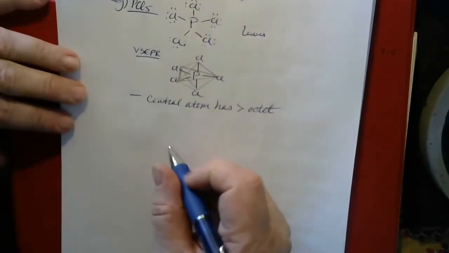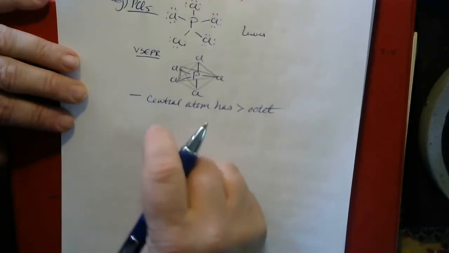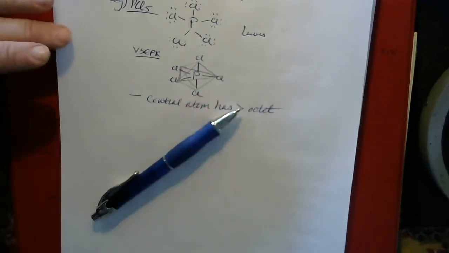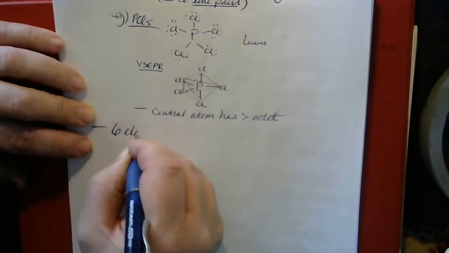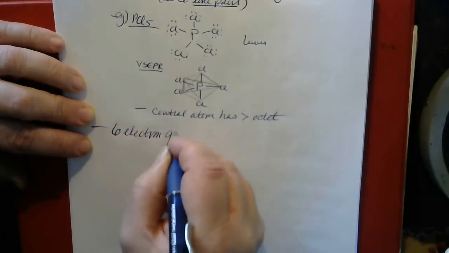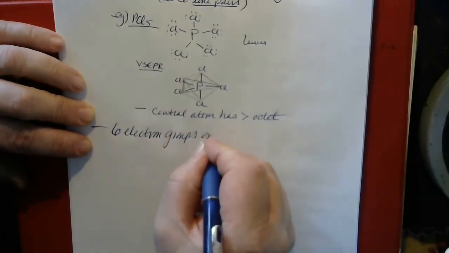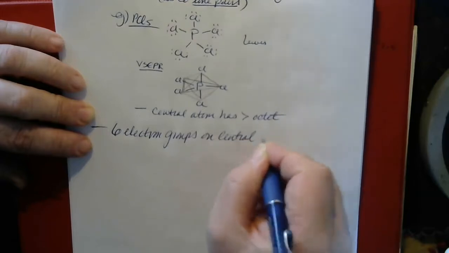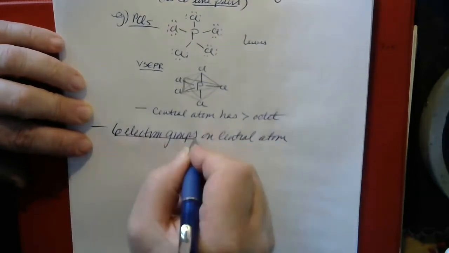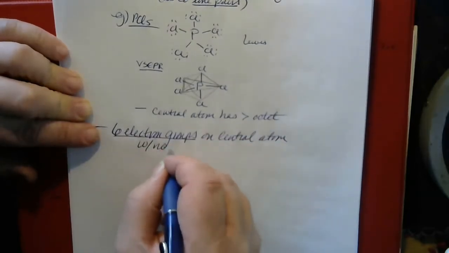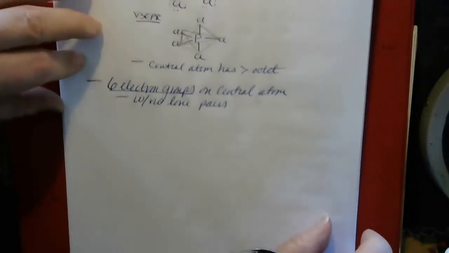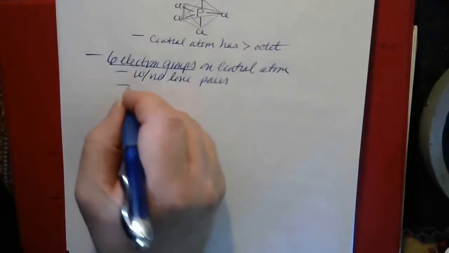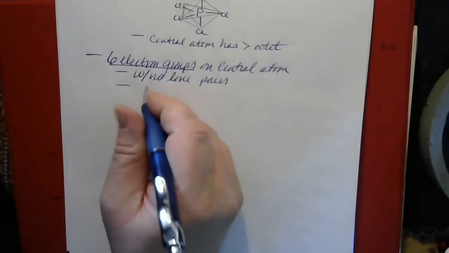The next thing would be 6 electron groups, with no lone pairs. This molecular geometry is known as octahedral.